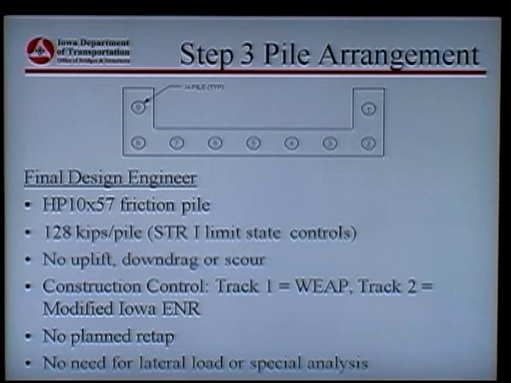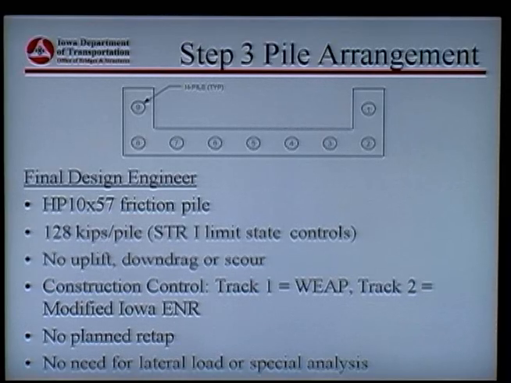The factored load is 128 kips per pile, no downdrag, no scour, or no uplift in the consideration. Construction control, track 1 using WIP, track 2 using the modified Iowa ENR formula, but no planned restrike. Right? Restrike is not planned. It's not required in this comparison or in this example.